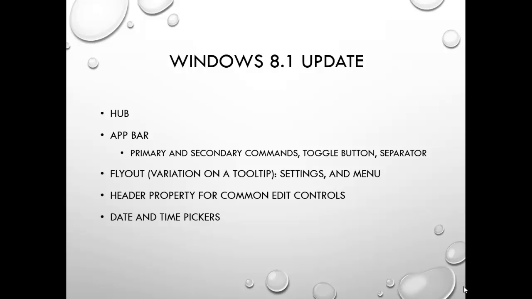So now you have collections on the AppBar called primary commands and secondary commands, and that will automatically handle alignment for you. So you don't have to figure out how to do it with a couple of stack panels. There is also a separator, which is like a vertical bar that you can put in there that would separate your commands into some logical sections.